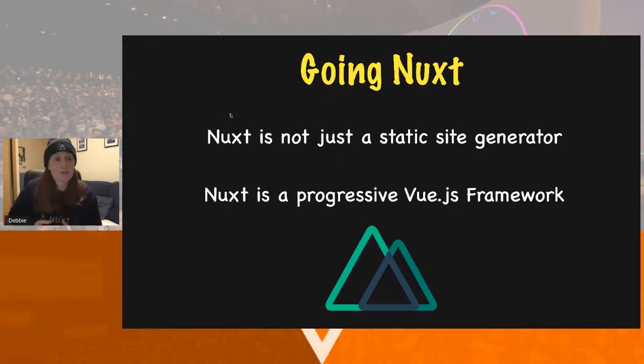Nuxt inlines your CSS for you, so it takes care of critical CSS. There's pre-fetching of routes, so it already knows what next page or links you might go to, and it pre-fetches those, so they're ready to go for when the user needs to click it.